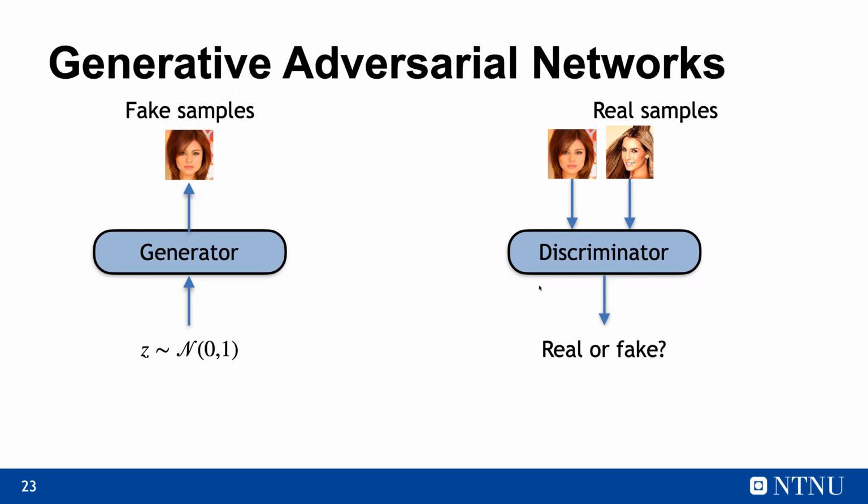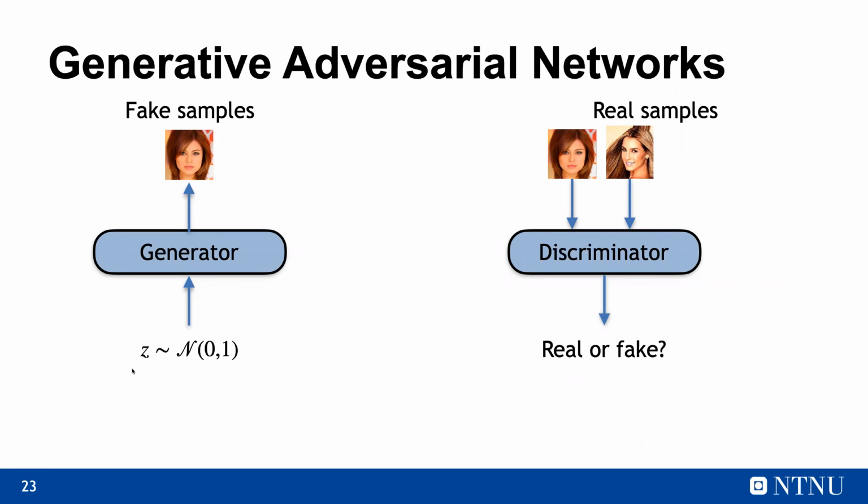So the discriminator is only there to give feedback to the generator on whether the sample looked real or not. The discriminator also trains on real samples, so it's aware of what a real sample looks like. Something to note here is that the generator never actually sees the original training data, so it only learns how to generate faces based on the feedback from the discriminator.